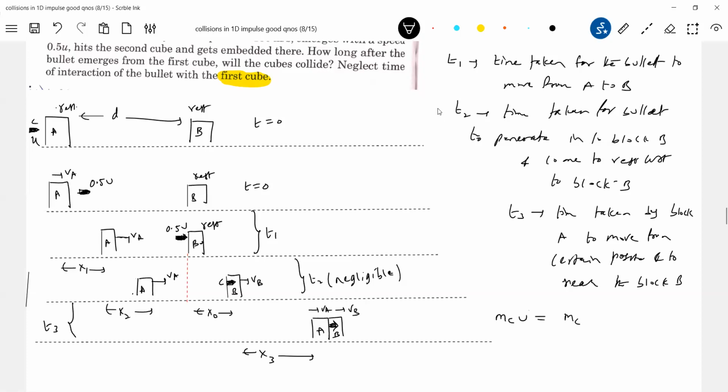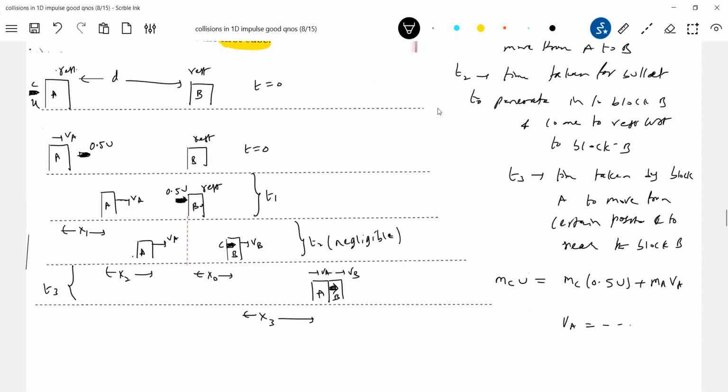So we'll get v_A. I'll leave the calculation part because it'll take more time. Somebody said v_A is 4.5. Okay, good. Do the calculation, I'll just describe all the basic things.